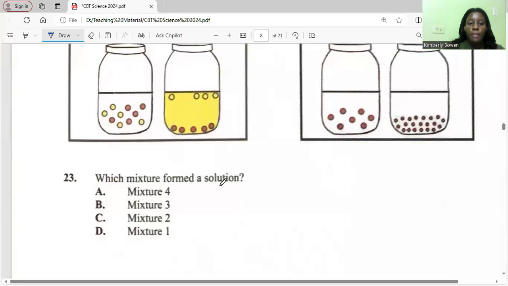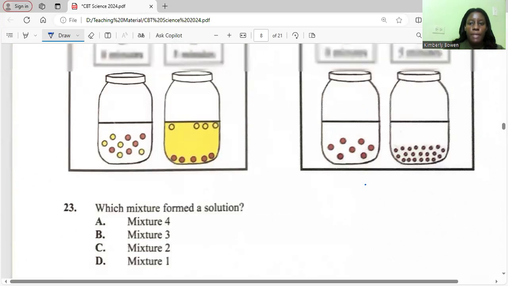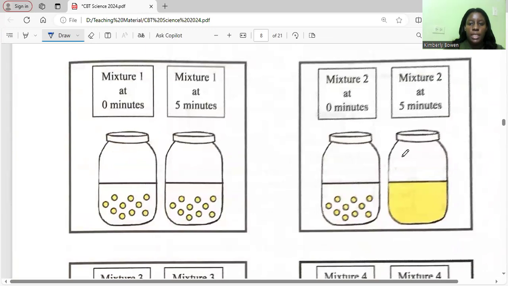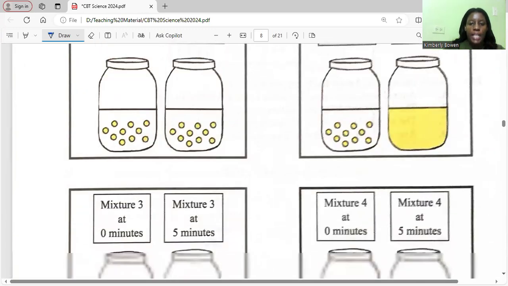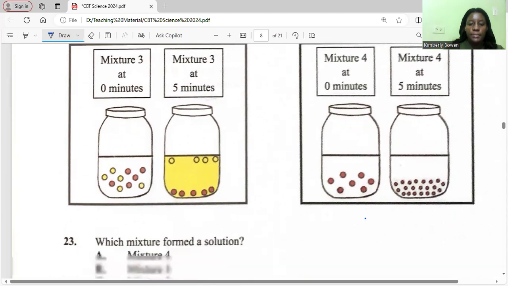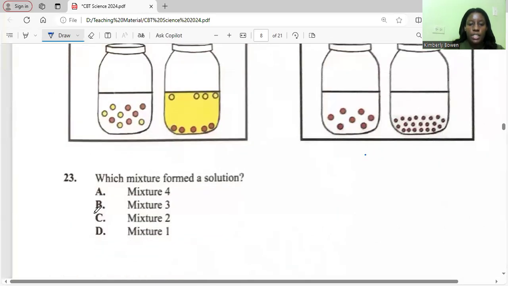Which mixture formed a solution? So the mixture that formed a solution is the one that dissolved completely. That's mixture 2. If you realize, in the other mixtures the particles are still visible and they have not dissolved entirely. So the correct answer is 2.